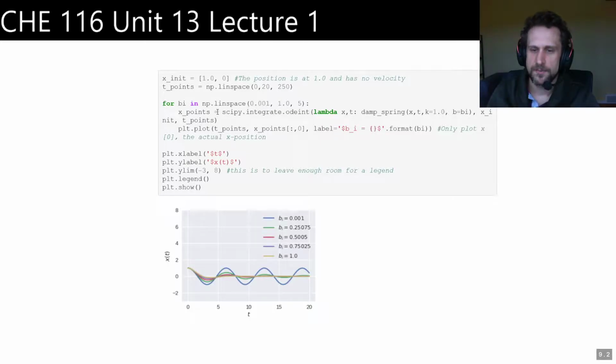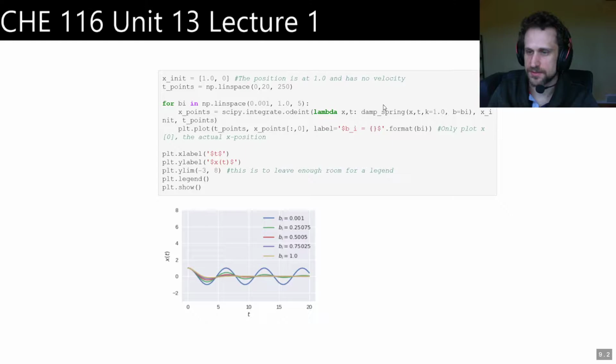And then to actually call the ODE integrator, I do a little trick. I have this function which takes these arguments k and b, and what I do is I wrap it in a lambda. So this is the normal function damp spring. Now I wrap it in a lambda, so I have a new function I'm defining, which still takes in the x and t, but it then just dispatches the x and t.